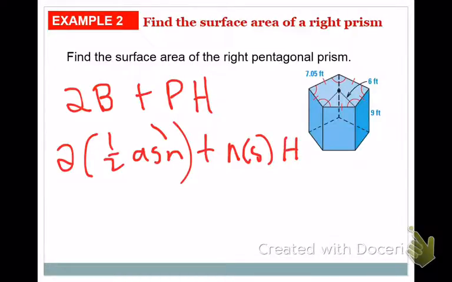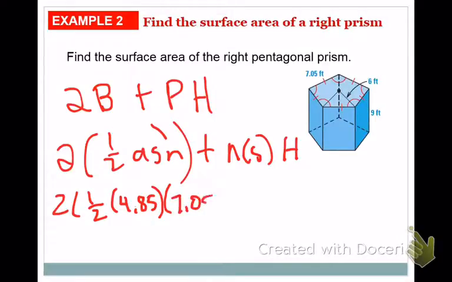Right? So we have 2 times 1/2. The apothem, we said, was 4.85, times the side length, 7.05, and then the number of sides is 5.